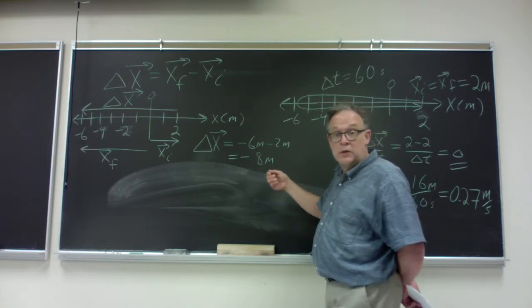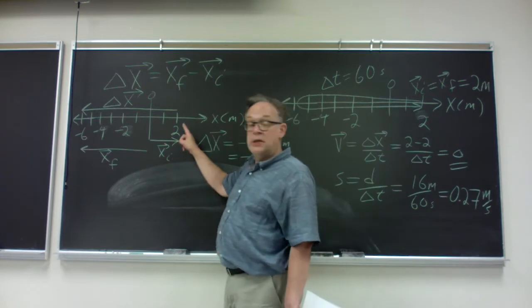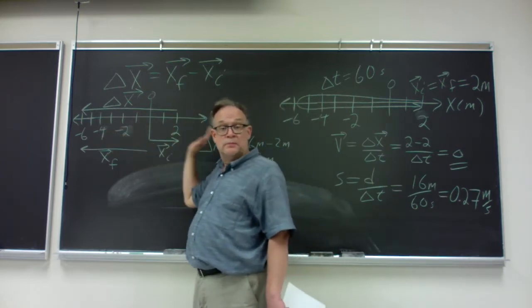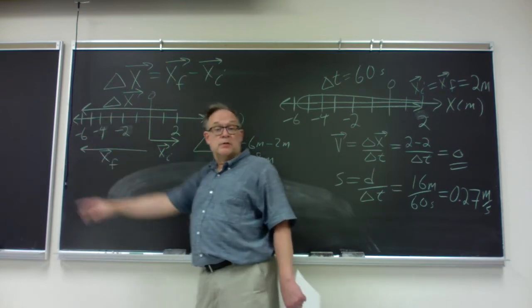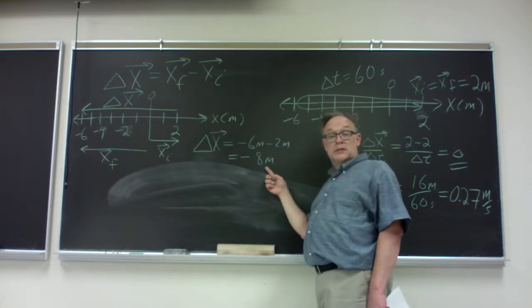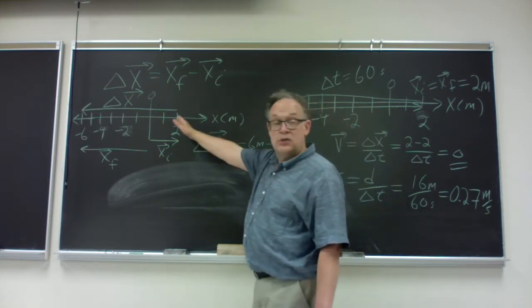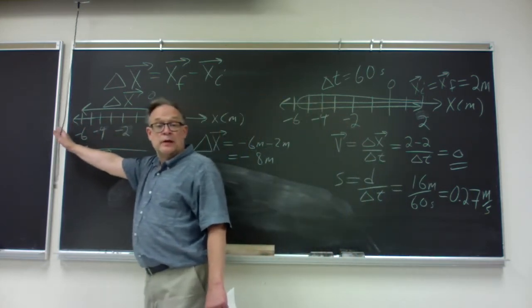Negative sign means that to get from the initial location to the final location, you have to move in the negative direction. And the magnitude, the size, 8 meters, just tells us how far it is from the initial location to the final location.